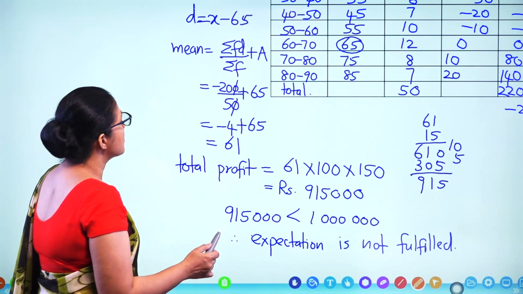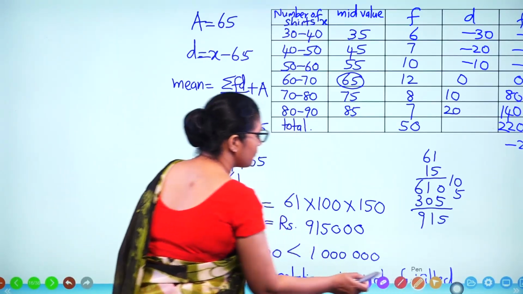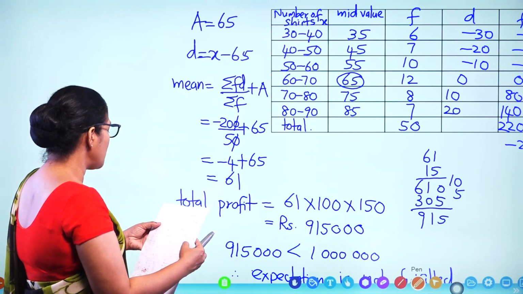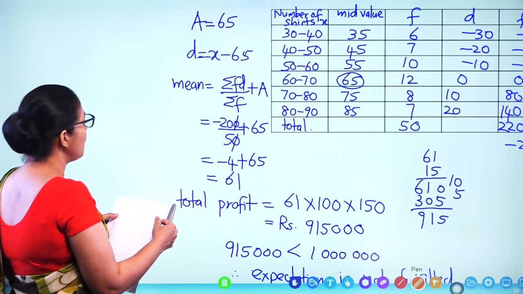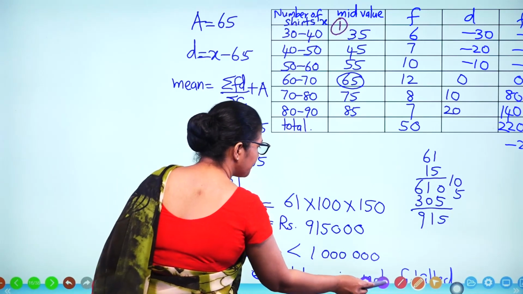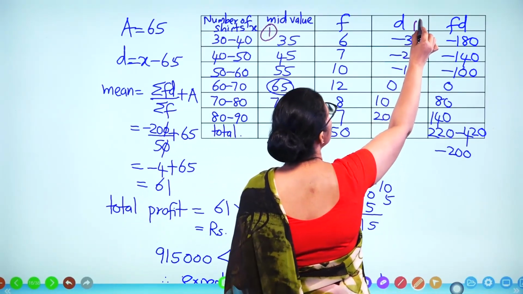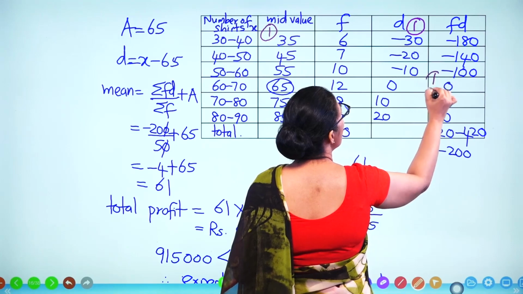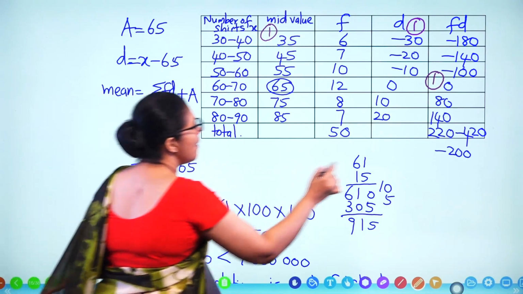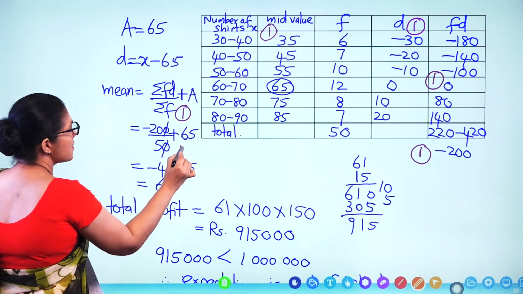So let's give marks. So in this question, you have to give marks for this one. So 61 is the mean value. So 6 marks for that. 1 mark for mid values, and 1 mark for deviation, 1 mark for fd. That's 3, and the total 1 mark 4, 5, 6.